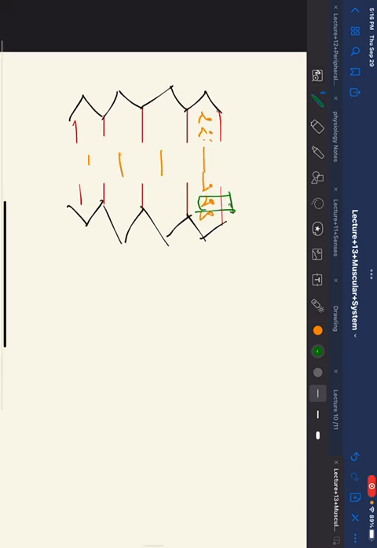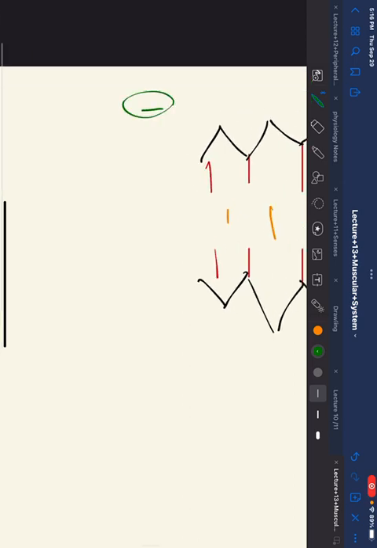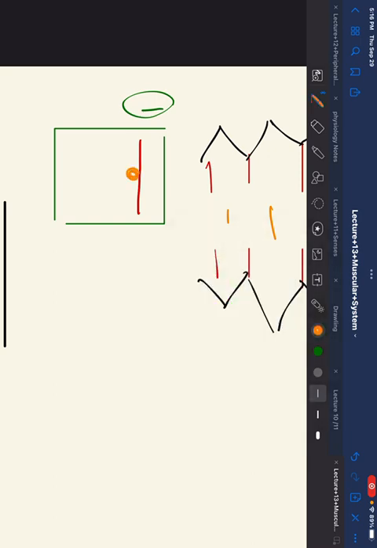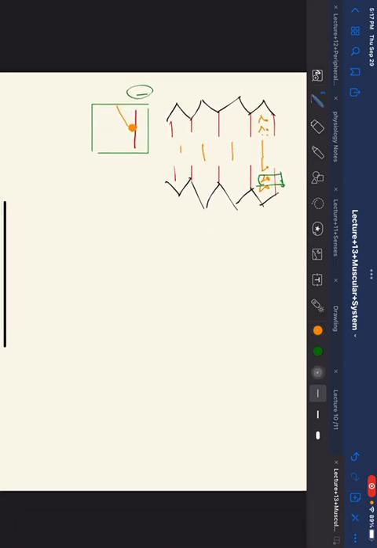So here's your active thin filament. And attached to it is going to be the myosin head of the myosin protein. And we said that ATP is involved in muscle contraction.